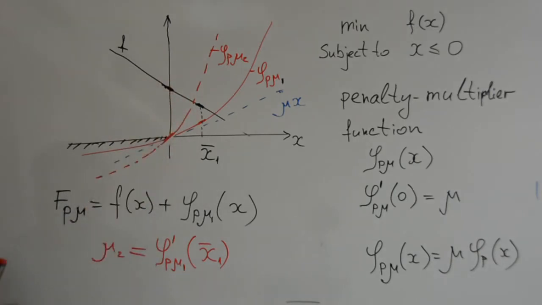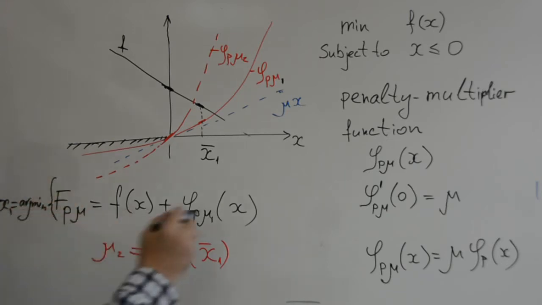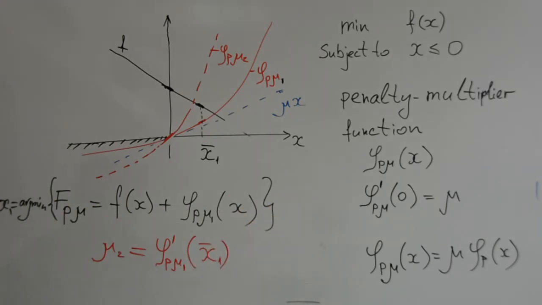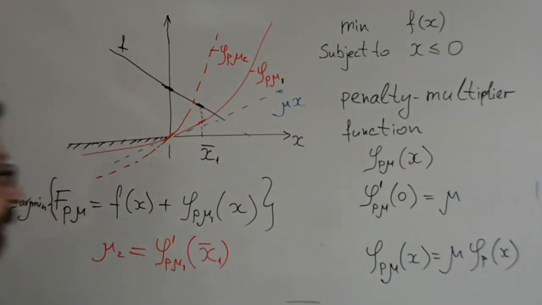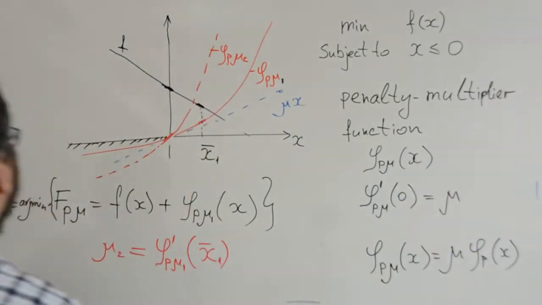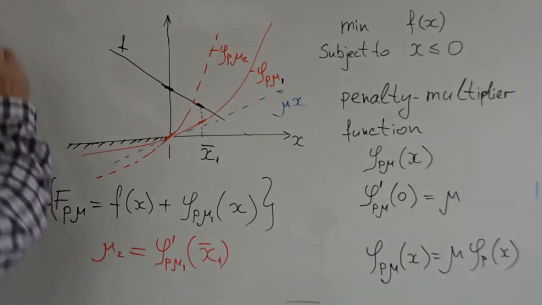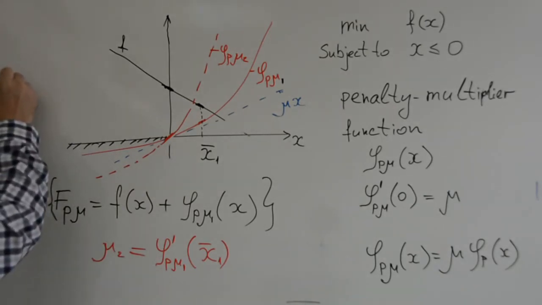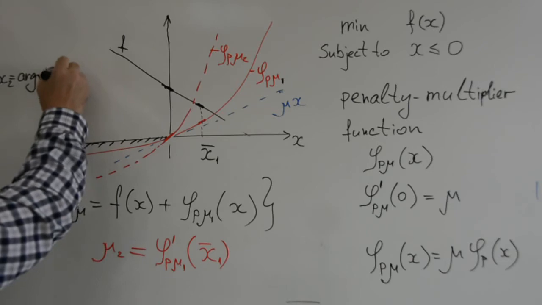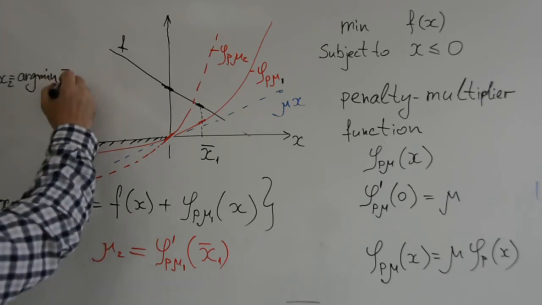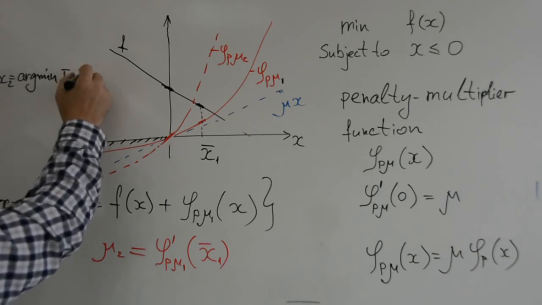And it's rather clear that if x1 was argmin of the penalty aggregate with the first value of mu, then the second minimizer, x2, is argmin of f plus phi p mu2 of x.